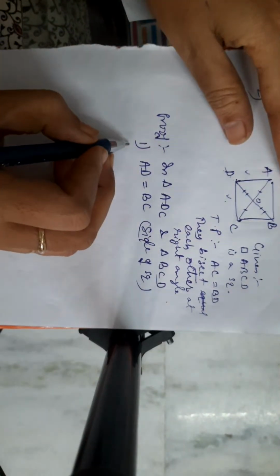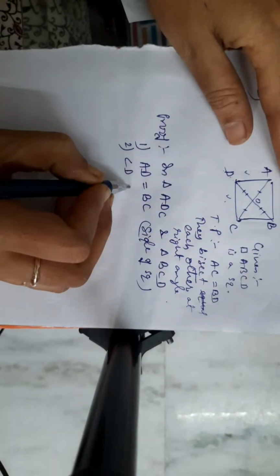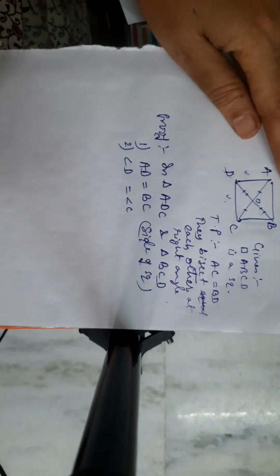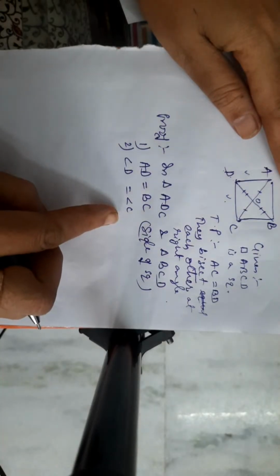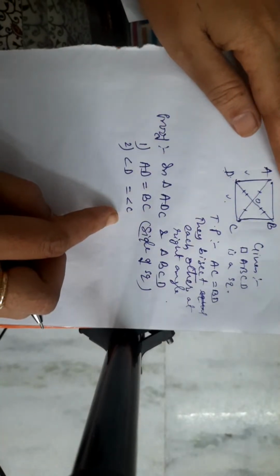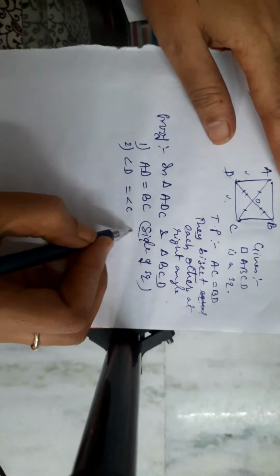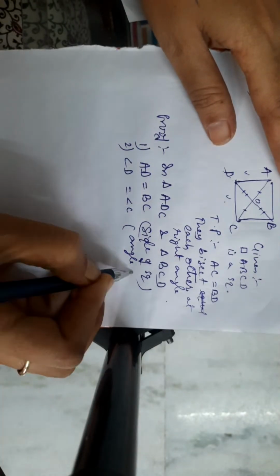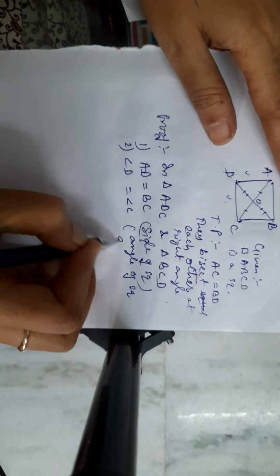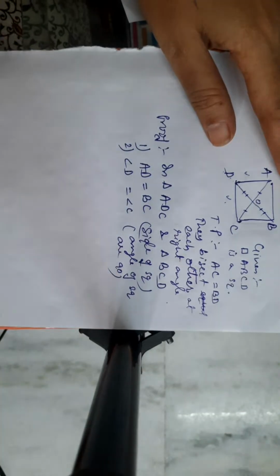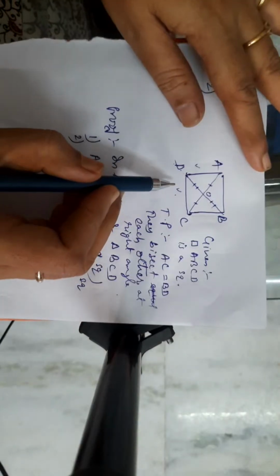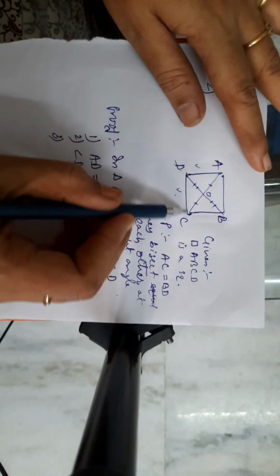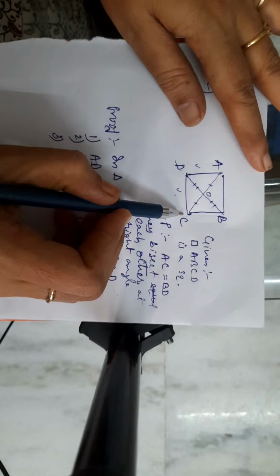Now the second point, angle D is equal to angle C. This is also quite an easy response. How are both angles equal? Because it is a square. In a square, each angle is 90. So angles of a square are 90. Third one, DC is common in both the triangles. So we will write common.